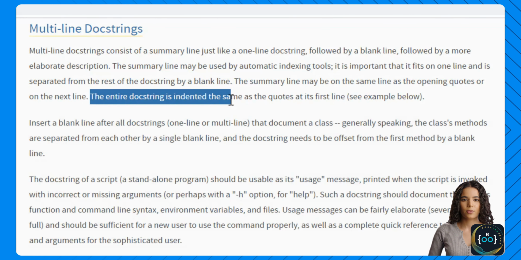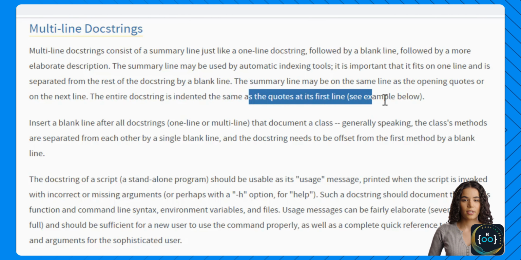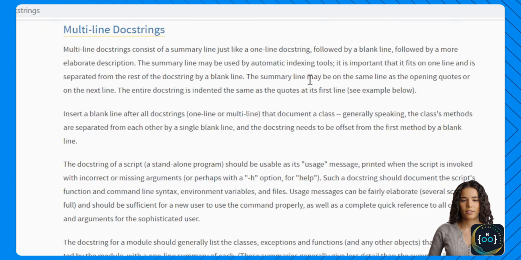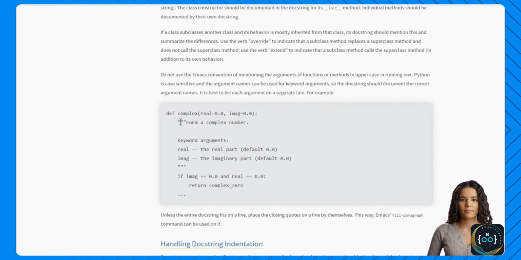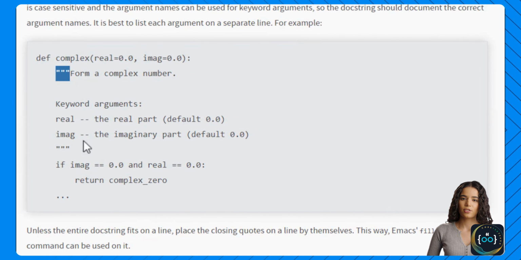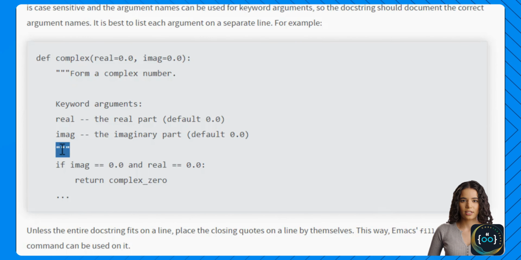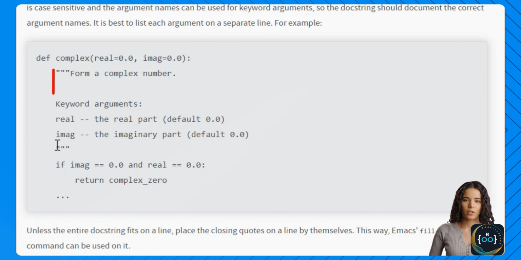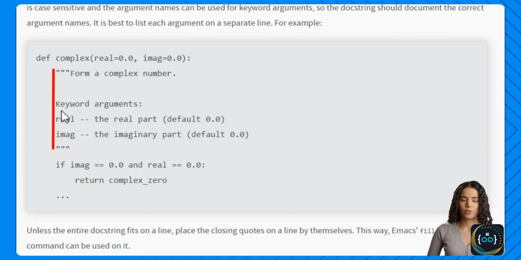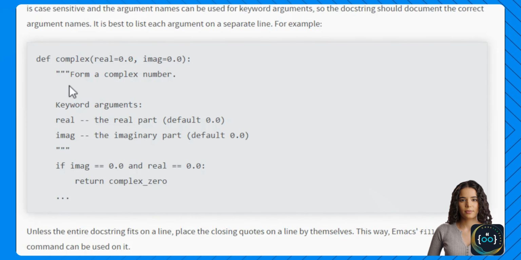The entire docstring is indented at the same level as the quotes at its first line. You can see the example below right here. We have the opening quotes right here, we have the closing quotes right here, and the content of the docstring, which is this right here, is indented at the same level as the opening and closing quotes.